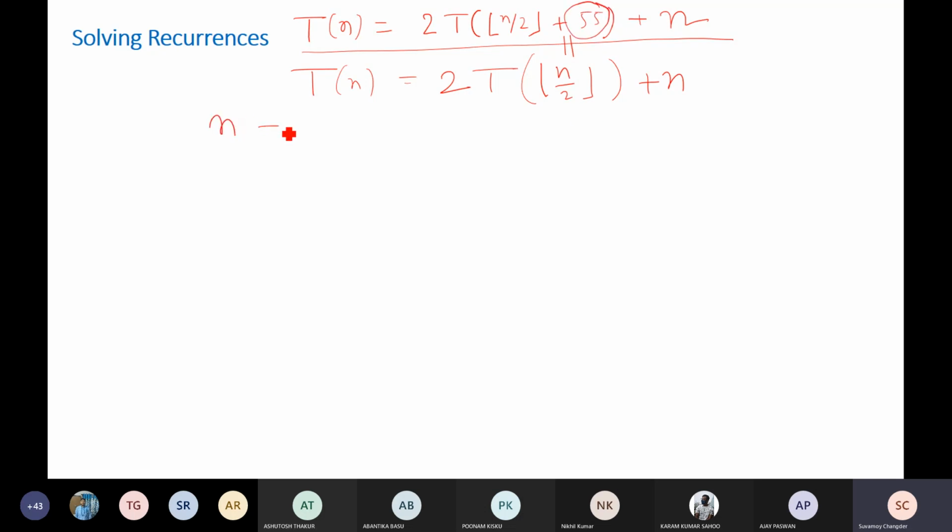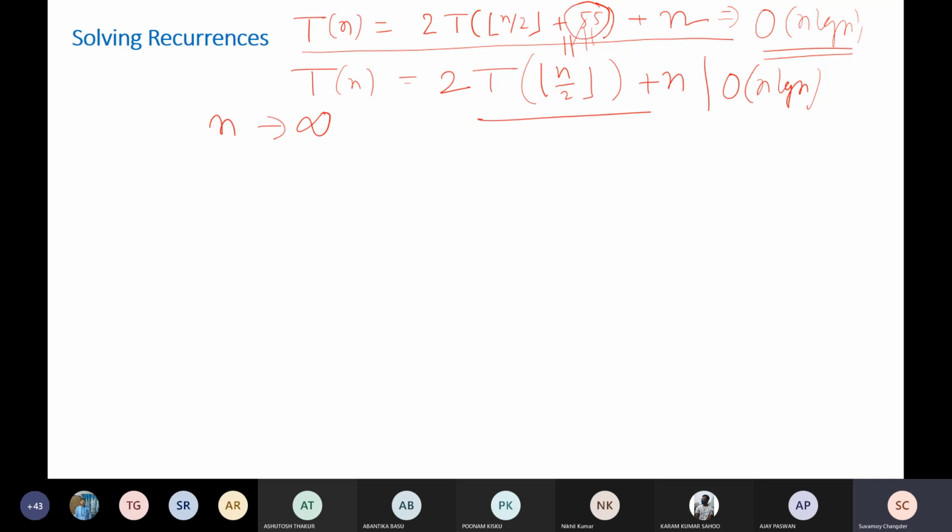Now think about when n tends to infinity, is very large, 55 is very negligible with respect to infinity. Therefore, can we assume that if the solution of this equation is big O of n log n, then the solution of this equation may also be big O of n log n?